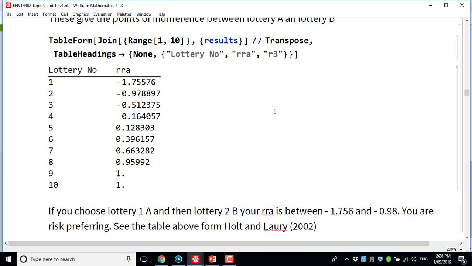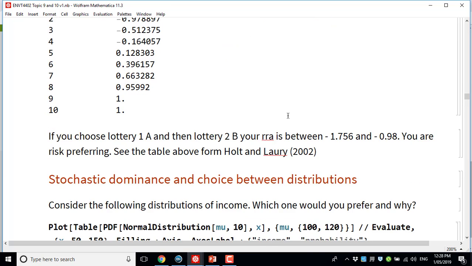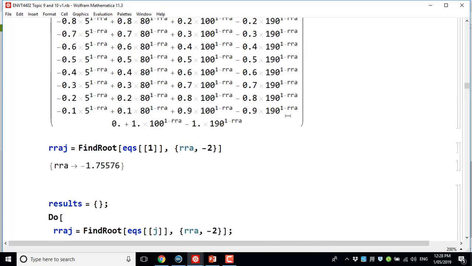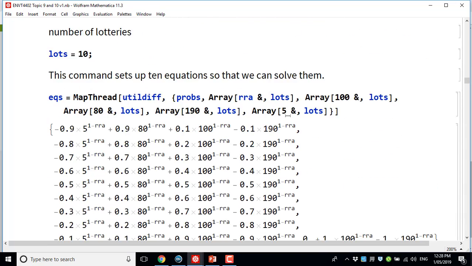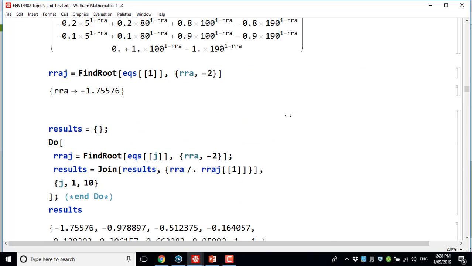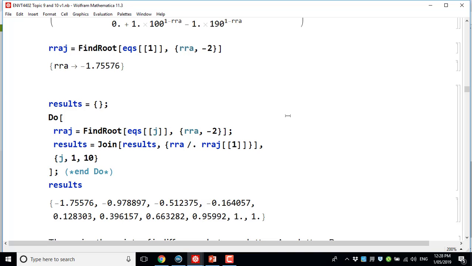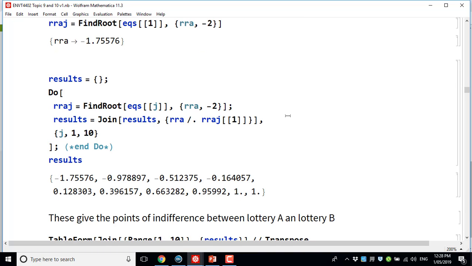So here is how we do it. For each of the lotteries, we are trying to find which value of RA would set the expected utility from option A and option B equal to 0.